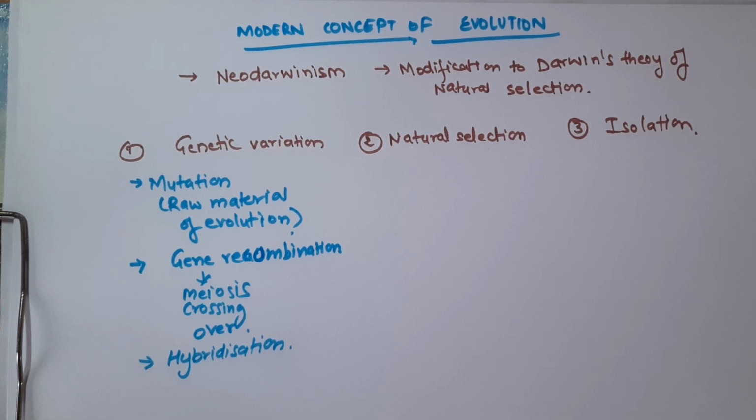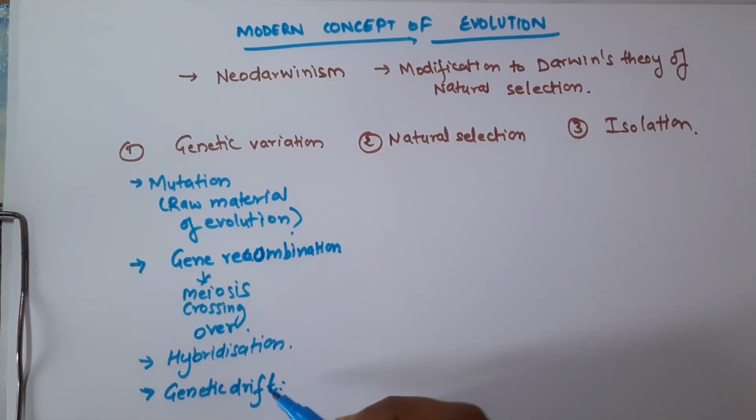The next source of genetic variation is the genetic drift. What happens if the species has some original character?